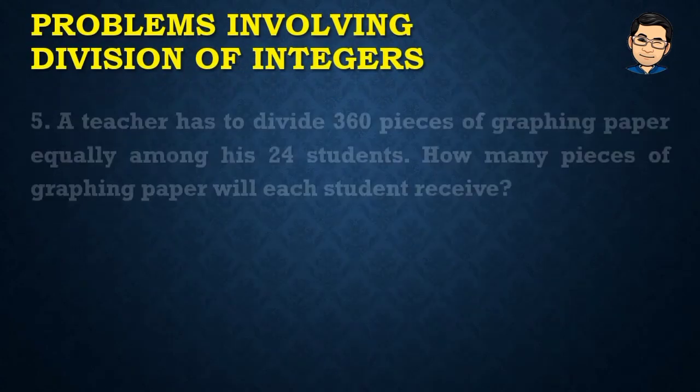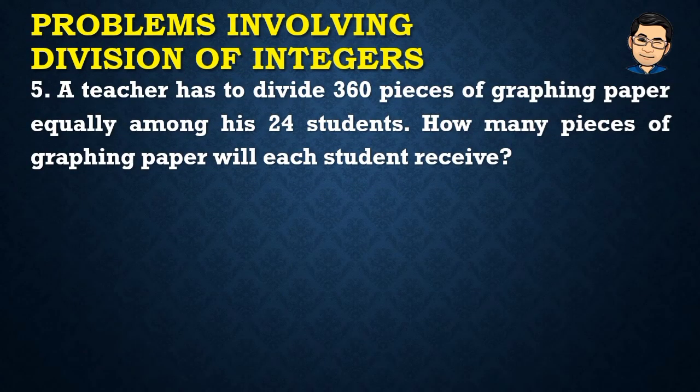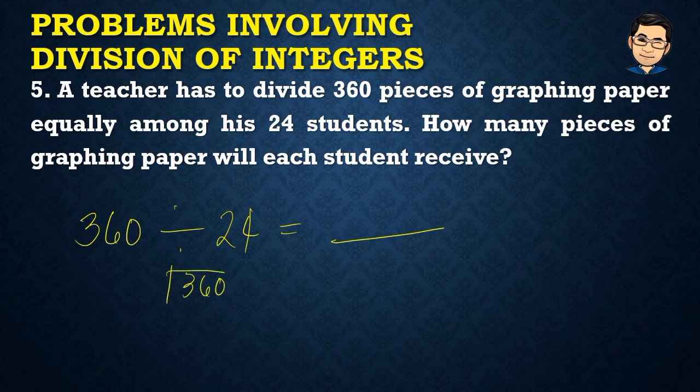So, for our last problem, a teacher has to divide 360 pieces of wrapping paper equally among his 24 students. How many pieces of wrapping paper will each student receive? So, ang gagawin lang natin dito, 360 pieces ng wrapping paper, i-divide natin sa total number of students, which is 24. So, ayan, pakita natin, 360 divided by 24.